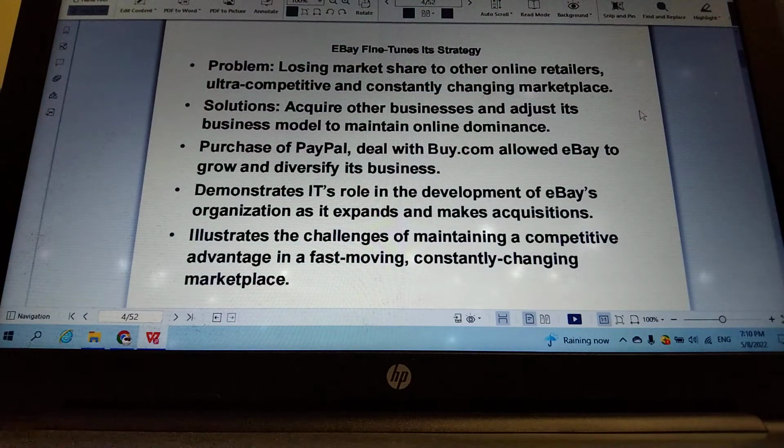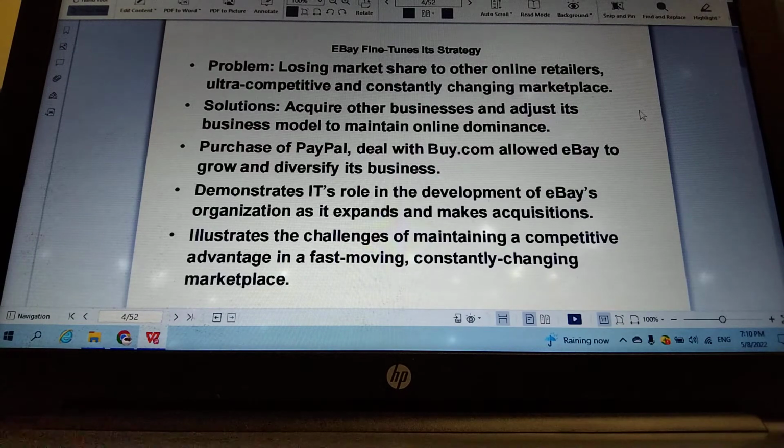Okay, the problem with eBay fine-tuning its strategy was that eBay was losing market share to other online retailers due to an ultra competitive and constantly changing marketplace. So that was the problem.